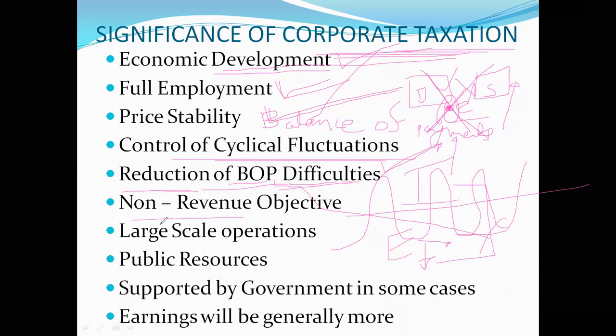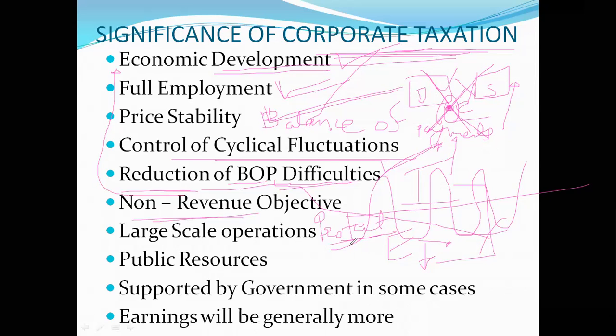Then non-revenue objectives. These are all more or less revenue objectives, related to financial objectives. But apart from that, there are several non-revenue objectives. Like the government requires money to protect the country from outsiders, and from internal troublemakers also.